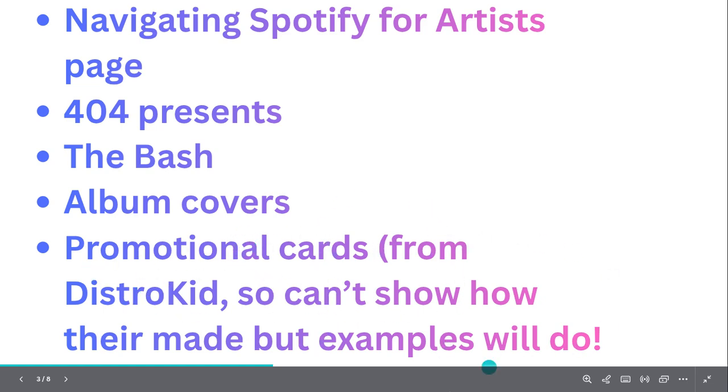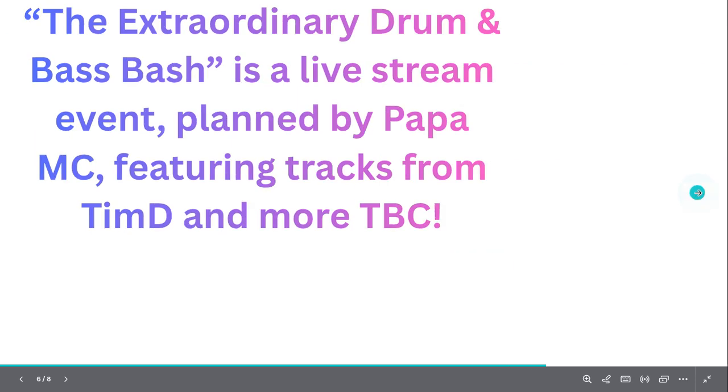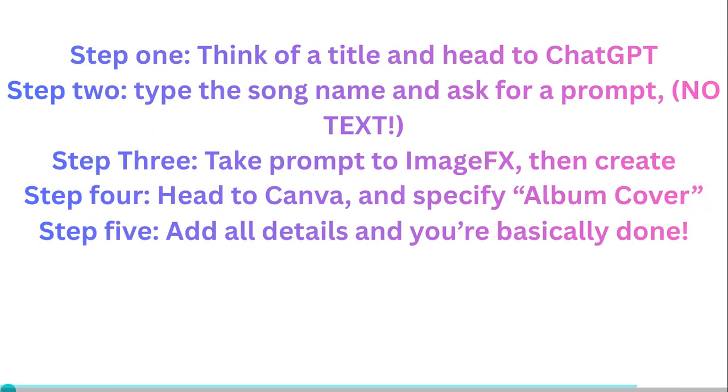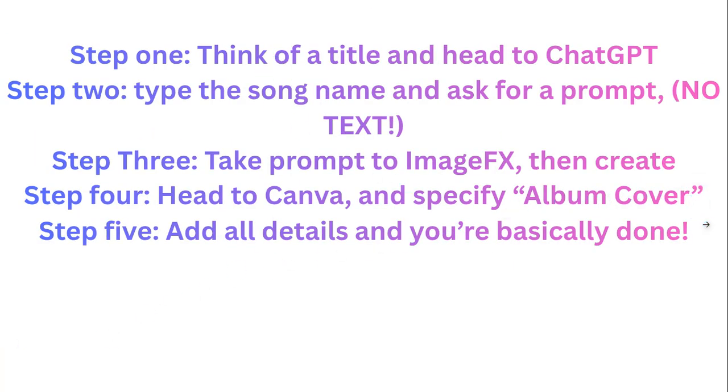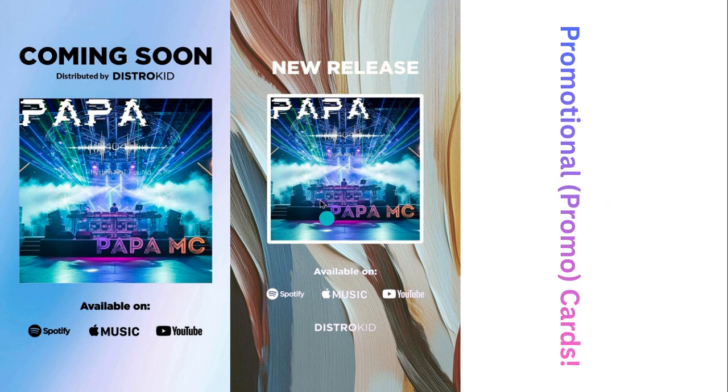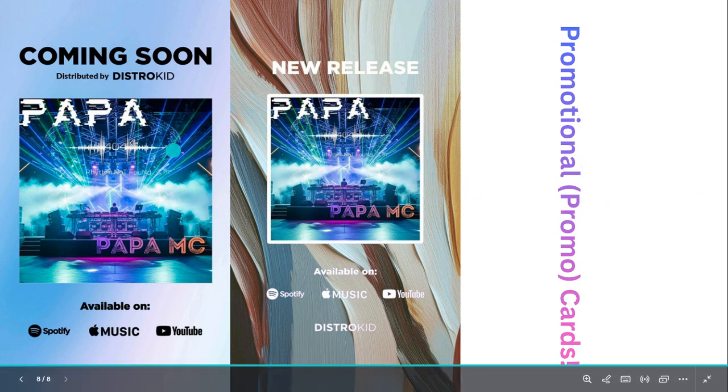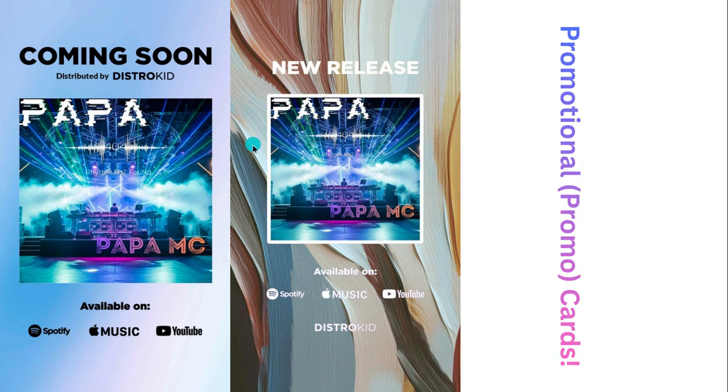So I can't show how they're made, but you'll see here, 7 out of 8. Now, a promotional card basically showcases your album cover and a coming soon or new release. For instance, I'll have more examples next time for other releases.